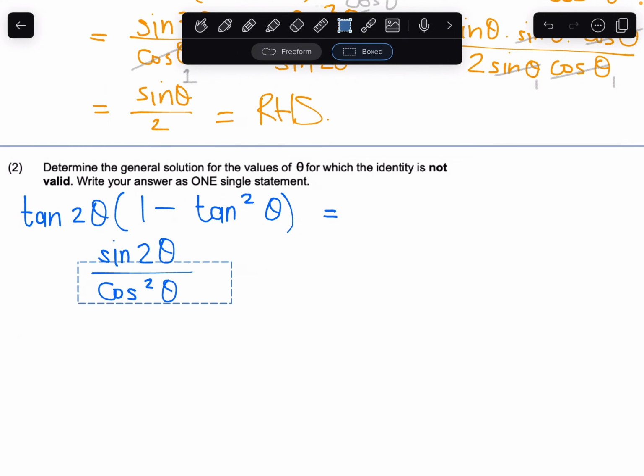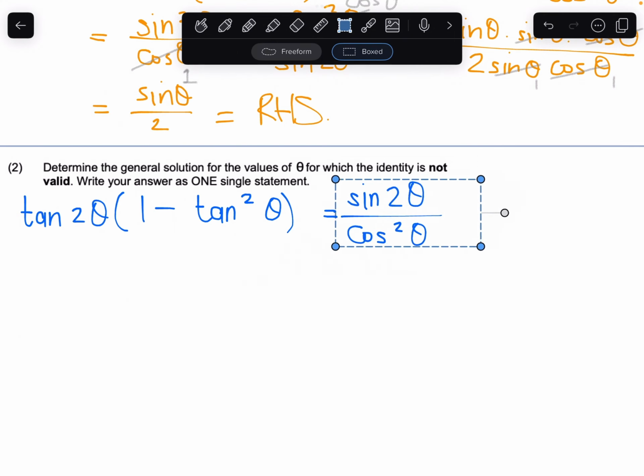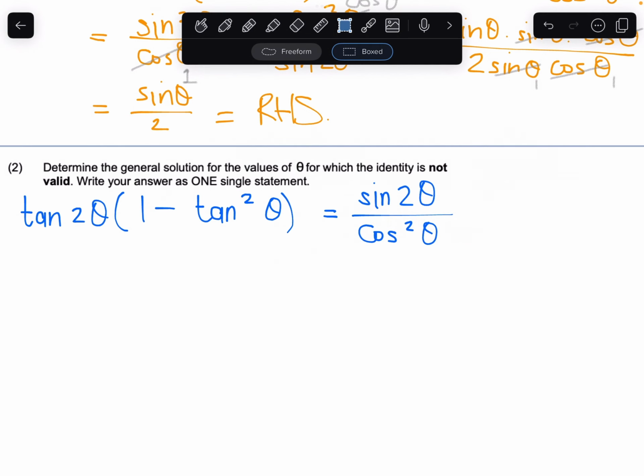Okay, so we have shown that tan 2 theta is equal to this. Okay, so two cases that we are concerned with.